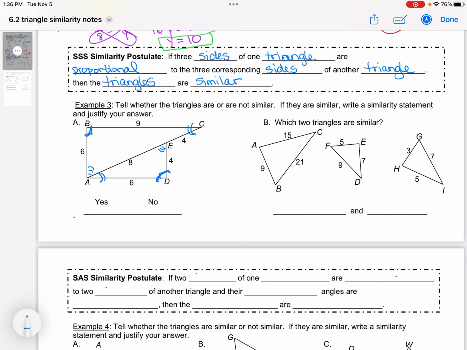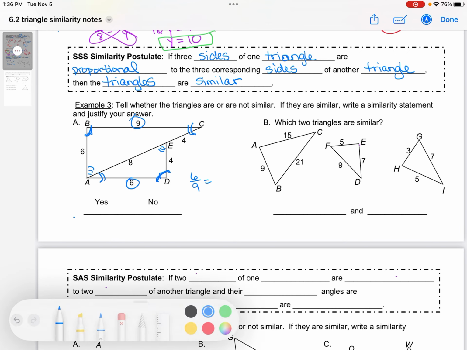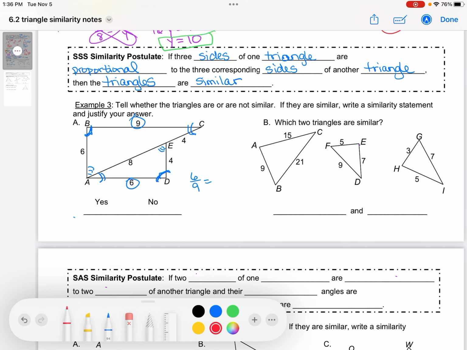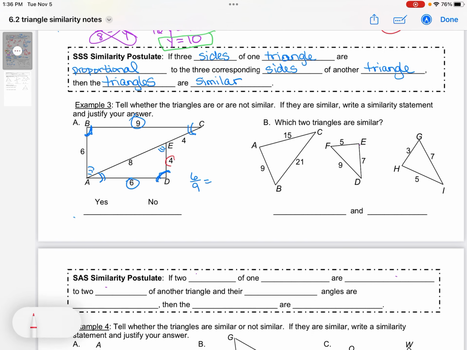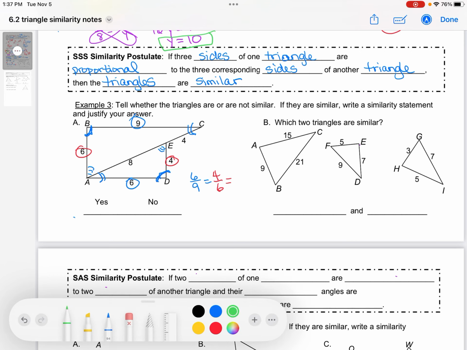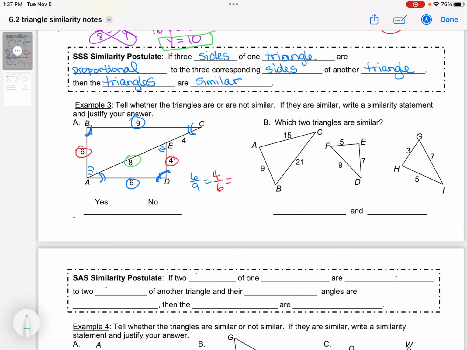Okay, so that means that 6 over 9 is equal to, started with the small one, 4 over 6 is equal to, make sure you add these together, 8 over 12.